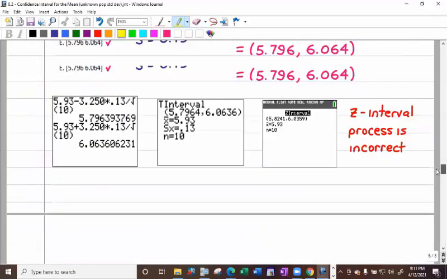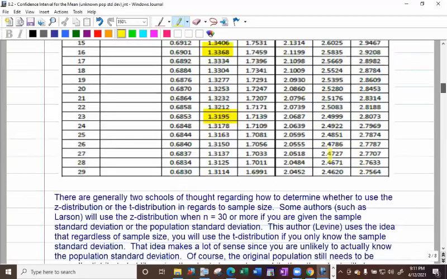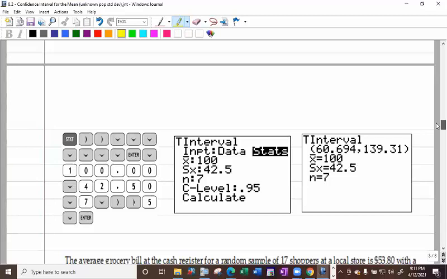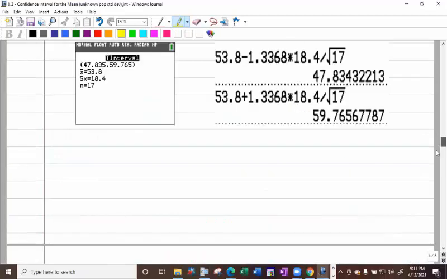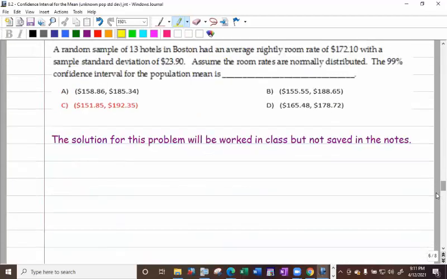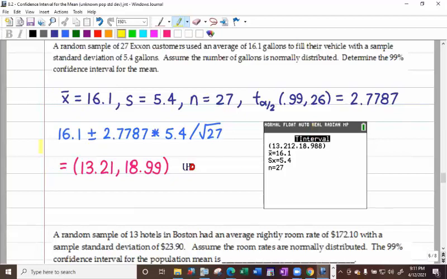I keep forgetting the percentage. 99 and 26 should be right there. 2.7787. I'm not even going to type this one in so I can move on. But obviously you can see the result. If you typed it in yourself, you know what you're looking for. But I also have it set up correctly this way too. So there's what we're looking for if you do it in calculator.